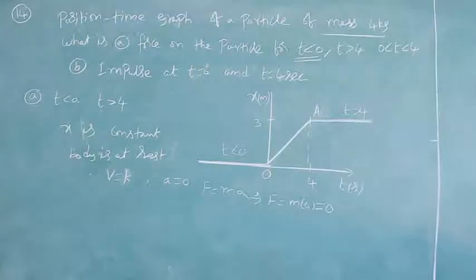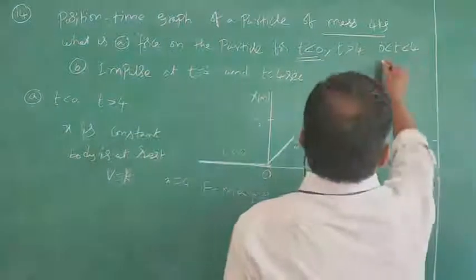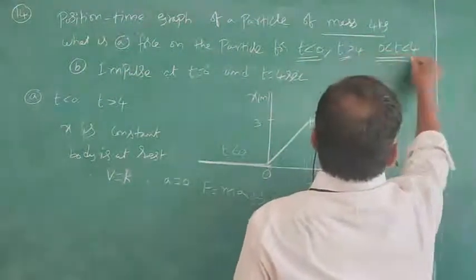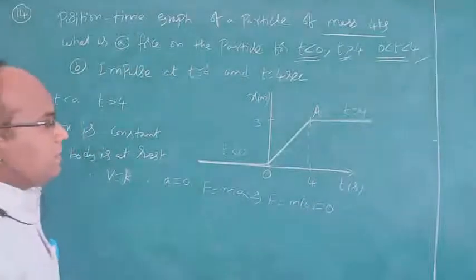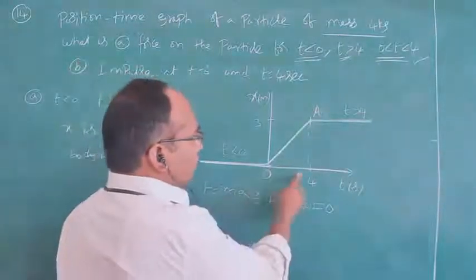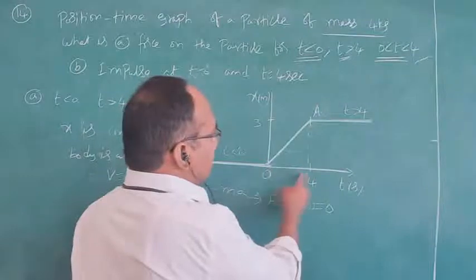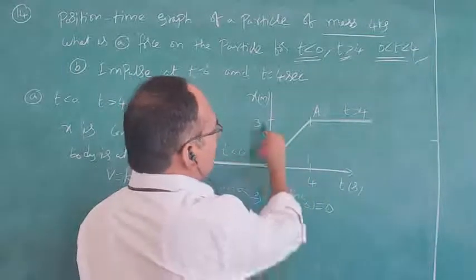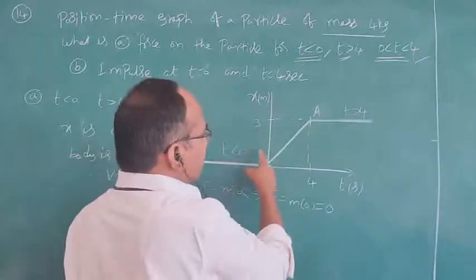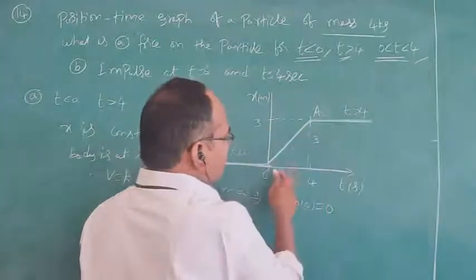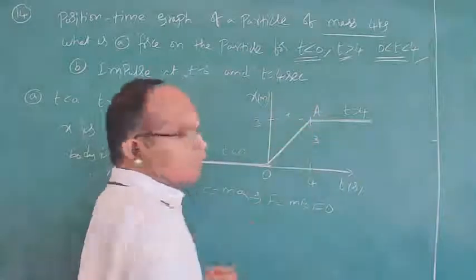Now in the question they are asking for 0 less than t less than 4. So what is the meaning of this one? It lies between 0 and 4. So what should I write? This is the y-axis, 3, and this is 4.